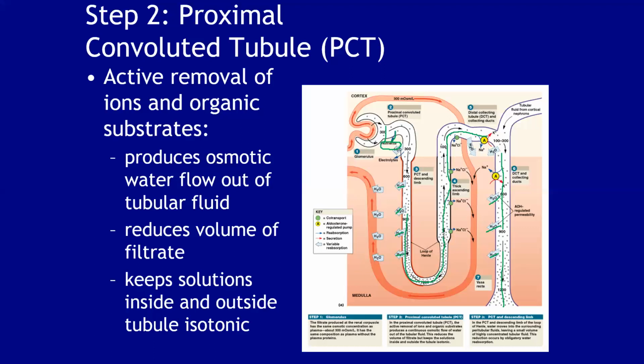All right, so at the proximal convoluted tubule, you can see that it produces osmotic water flow out of the tubular fluid, right here. It reduces the volume of the filtrate. So we have a higher concentration, but we have less fluid. This process also keeps the solutions inside and outside of the tube isotonic.